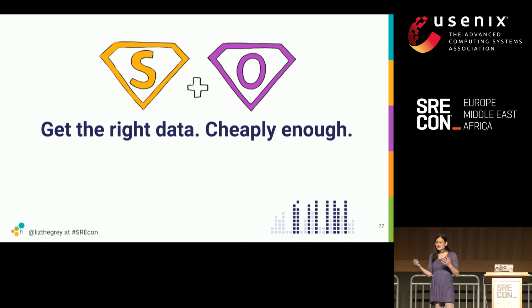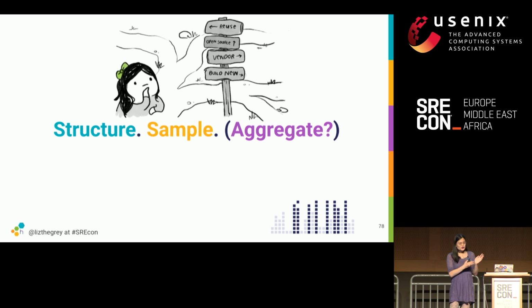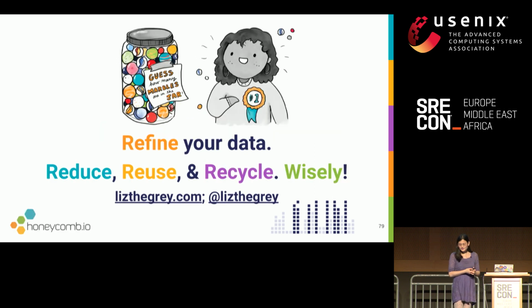So you can achieve SLOs and observability at sufficiently low cost if you apply a little bit of maths and statistics. Structure your data, get rid of all of that excess unstructured data, sample your data so that you get a representative sample, and if you desperately need to, aggregate by your known questions, but keep in mind you still might have unknown questions, so you still need that representative data in the form of an exemplar or a structured event.